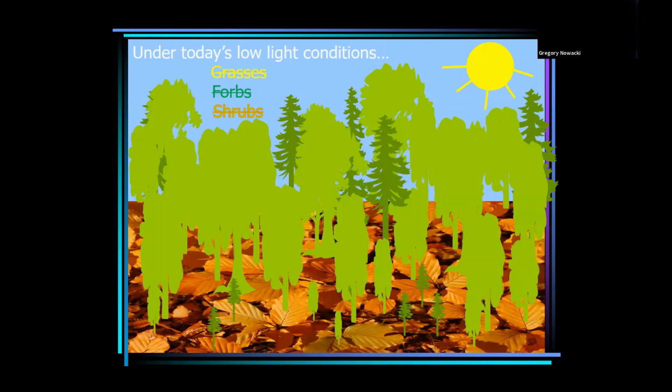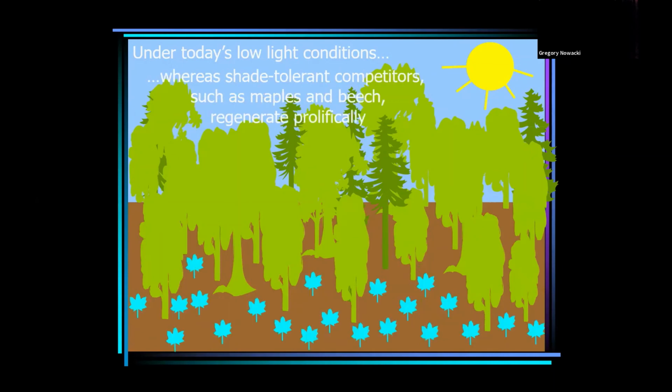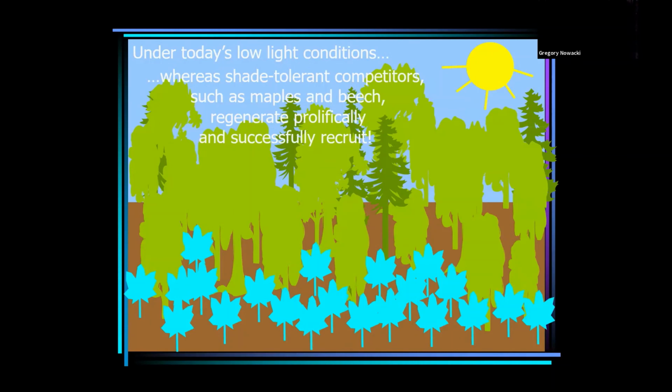Something is awry. So anyway, going on, under today's low light conditions, our shade-intolerant oaks and pines have basically ceased regenerating, whereas shade-tolerant competitors such as maples, beech, and basswood regenerate not only prolifically, but they successfully recruit under these closed canopy conditions.